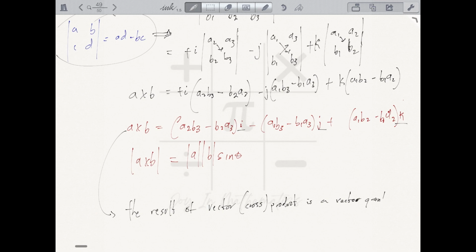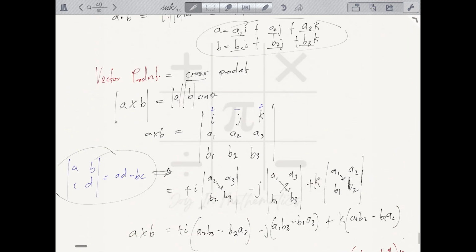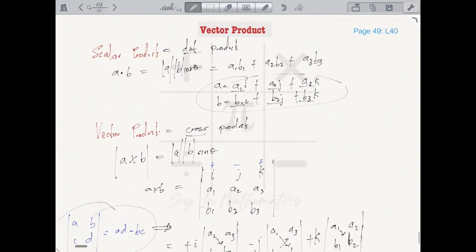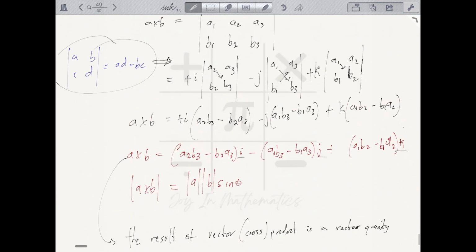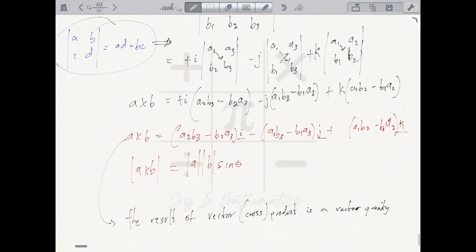We recall in our last lesson that the result of the scalar product is a scalar quantity. So it's visible in the name: scalar product gives us a scalar quantity, vector product gives us a vector quantity. Now let's take examples of vector products in the next lesson video.